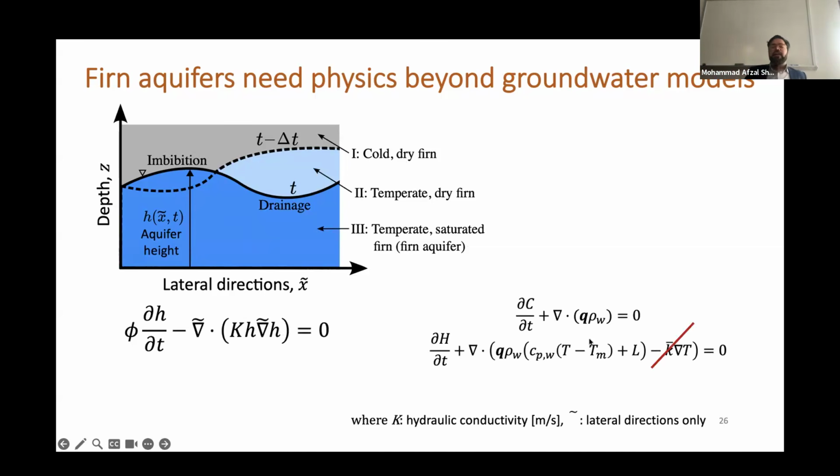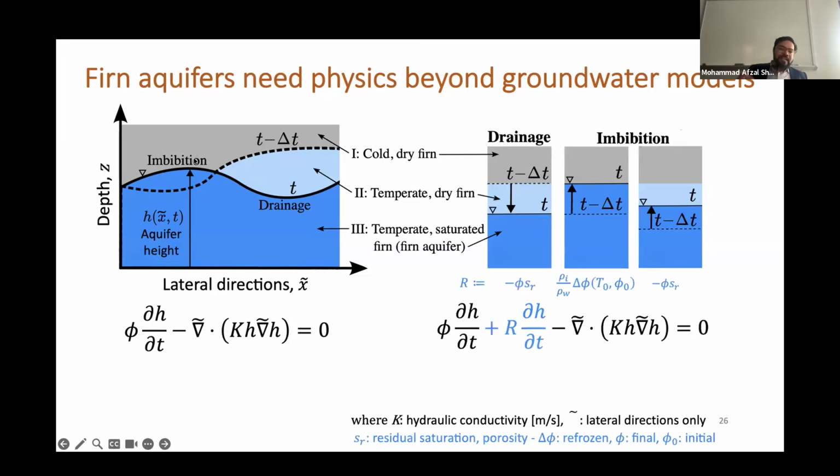We got rid of the heat conduction term, and we integrated it vertically from 0 to aquifer height, and came up with a nice and elegant extension to this groundwater equation, specifically for firn aquifers, where you have this extra term that takes care of residual liquid water trapping. If there is drainage from an aquifer, some of the liquid water still stays in the firn, and that is this term.